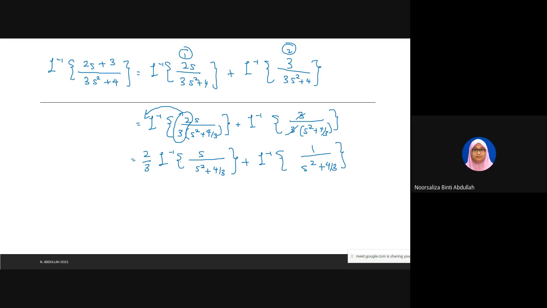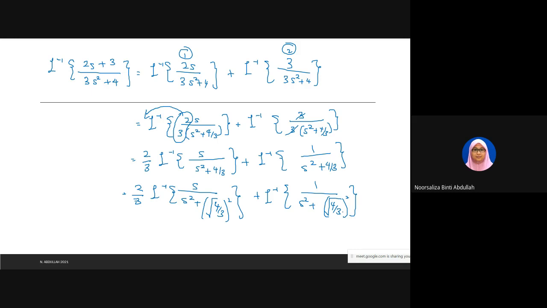Okay, so now this equation you have s and this one you don't have s here. So you have a 2/3 Laplace inverse s over (s square plus, this one should be square root 4/3 kuasa 2). Plus Laplace inverse 1 over (s square plus square root 4/3 kuasa 2).